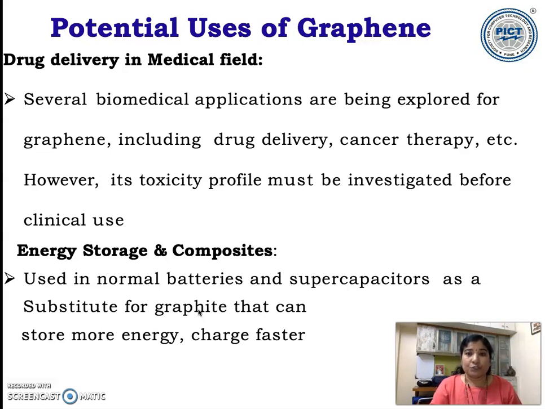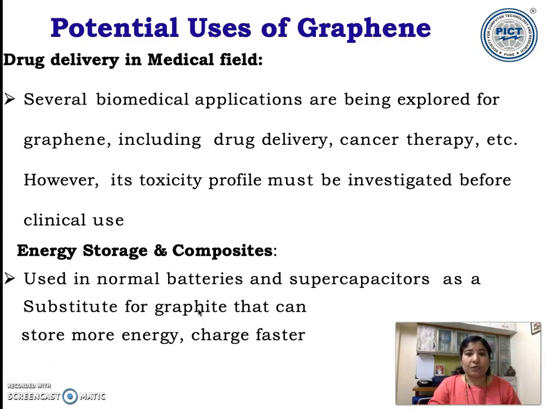So that should be done. It's not yet commercialized, but can be used. It can also be used in batteries and supercapacitors as a substitute for graphite, which can store more energy and charge faster.